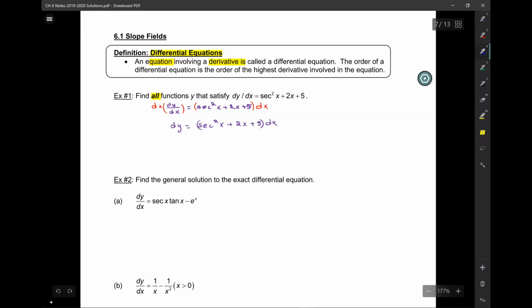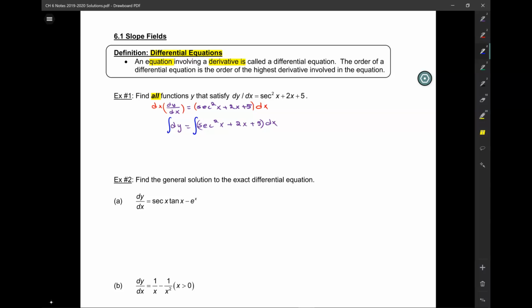And now I take an integral of both sides. So now I'm going to integrate the left side separately and the right side separately. Do you see how this separated the equation so that all the y's are on one side and all the x's are on the other side?